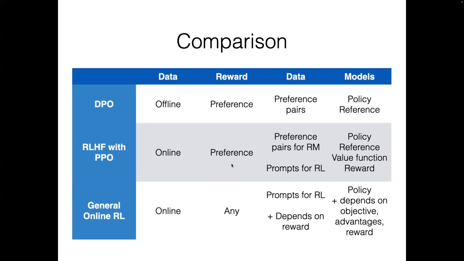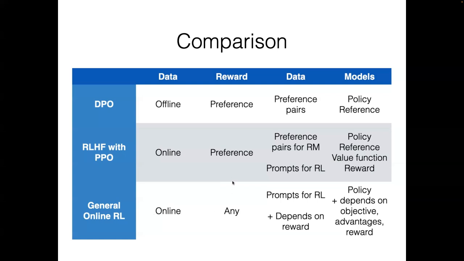The RLHF, specifically if you include the HF in here, then it usually refers to using this preference reward. So you also need to get a good reward model. And you could have multiple things involved: the policy model, the reference model, the value function, and the reward. But in general, I've shown you that there are various design decisions that you could take.